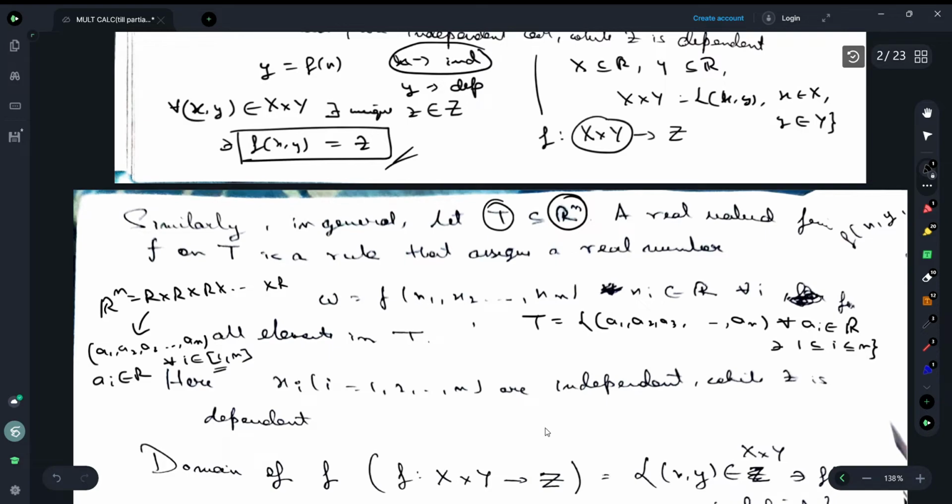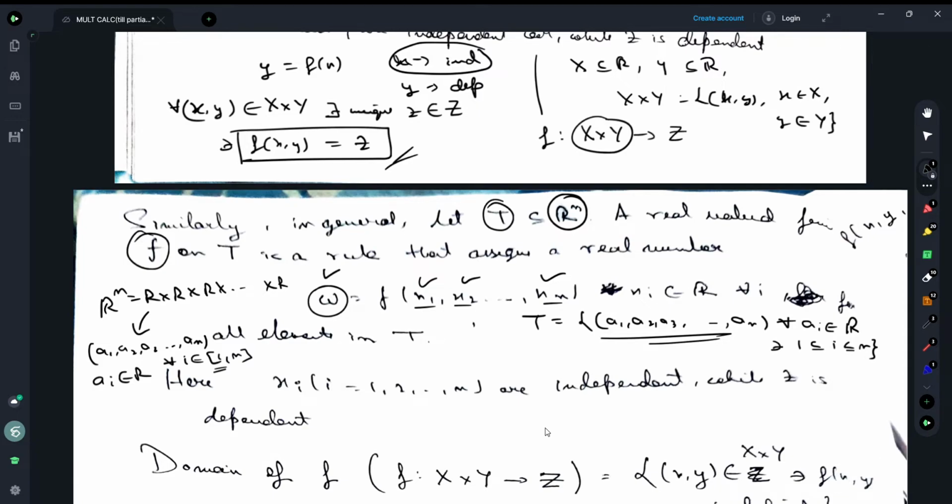So if you take a set T of this form, and you assign a rule f on T such that f takes all these elements to some value w, which may also be a real number itself, then you have n independent variables and one dependent variable, and such a function gives you what you call an n variable function.